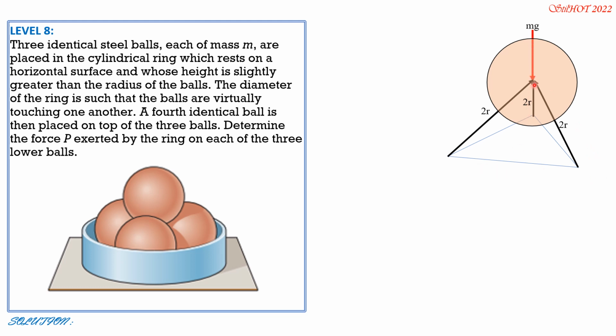So this is the weight of the upper sphere, which is mg. They are identical. Then the base, 2r equilateral triangle also. So we connect a line from here to the midpoint of this side, which is the height of the equilateral triangle. So we drop this, and this is the centroid of the equilateral triangle.